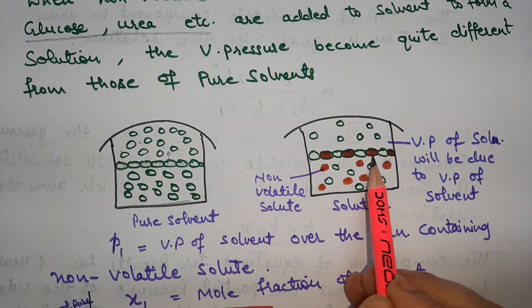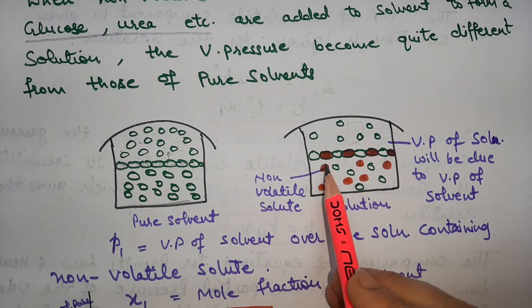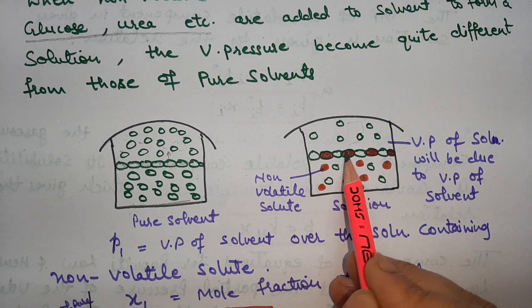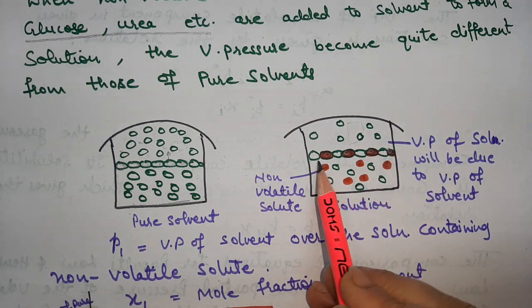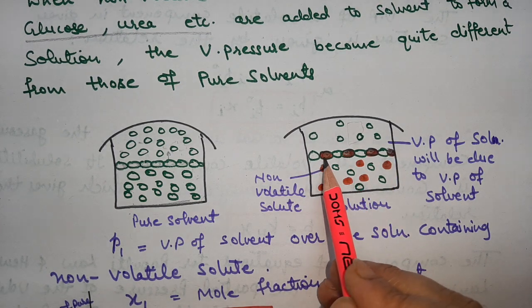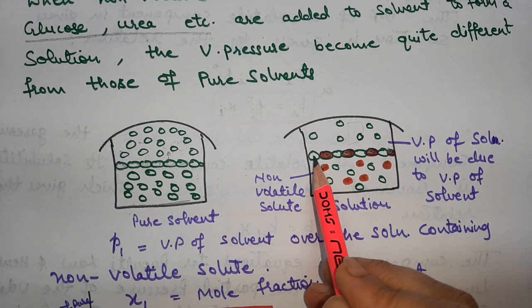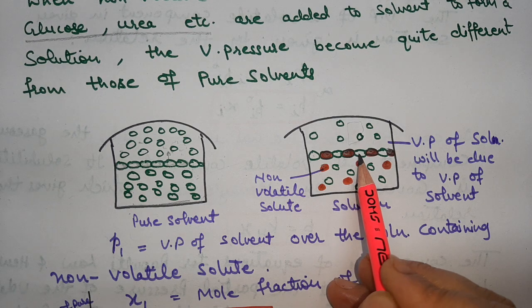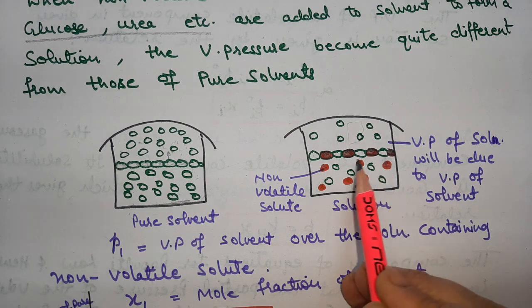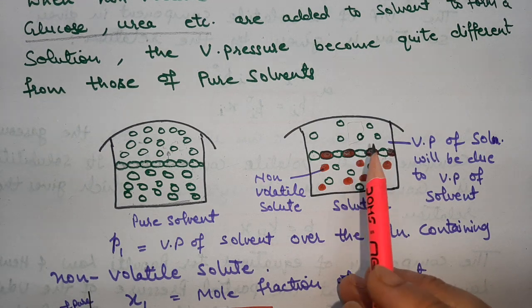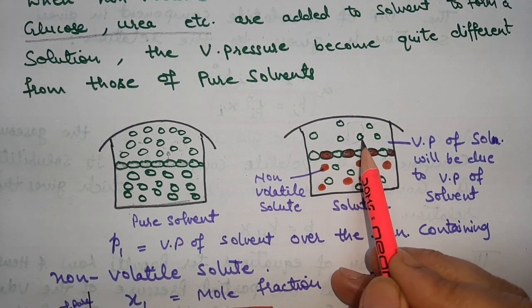This is represented with the red color. Such solute particles also occupy some of the spaces on the surface of the liquid. Obviously if some of the spaces are occupied by the non-volatile solutes, the surface area covered by them will be less available for the volatile solvent. So a smaller amount of vapors will leave for the vapor phase.